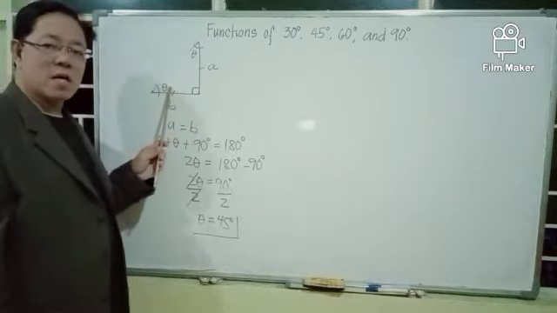The angles opposite the congruent sides A and B are also congruent. The angle opposite A is theta, and this theta is equal to the angle opposite B, which is also theta, and these angles are each 45 degrees.